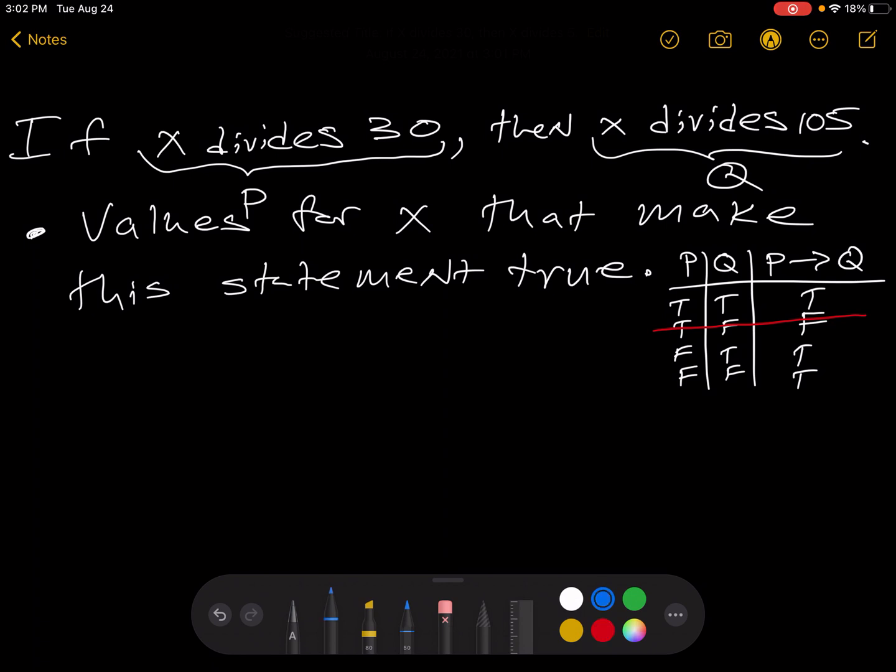And this shows us that to make it true, we need either values of x that make P true and Q true, or we can just look at values of x that make P false.